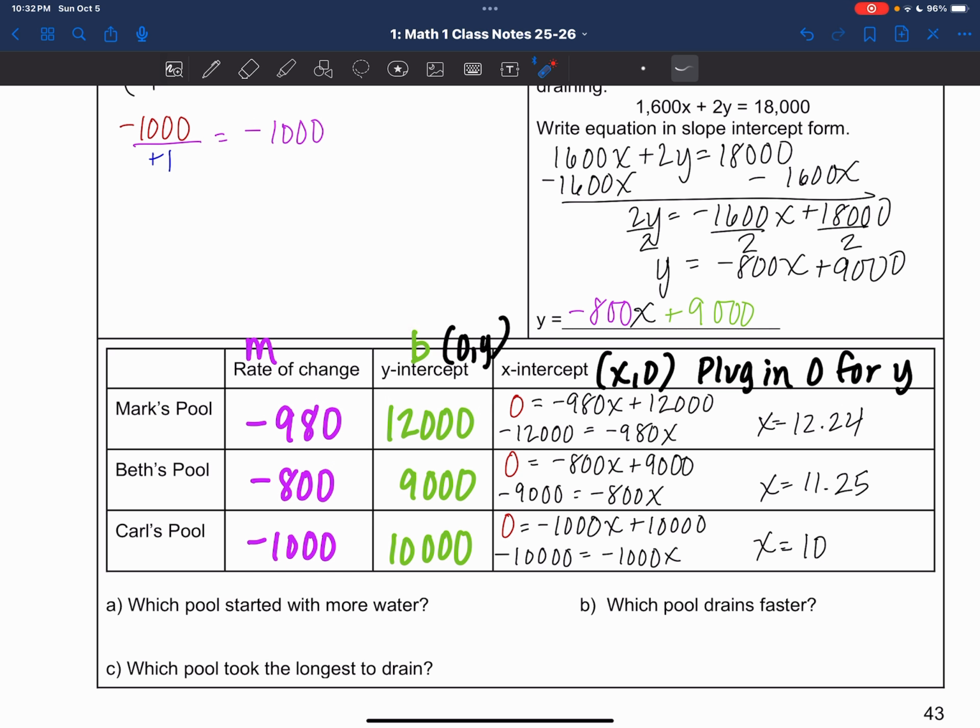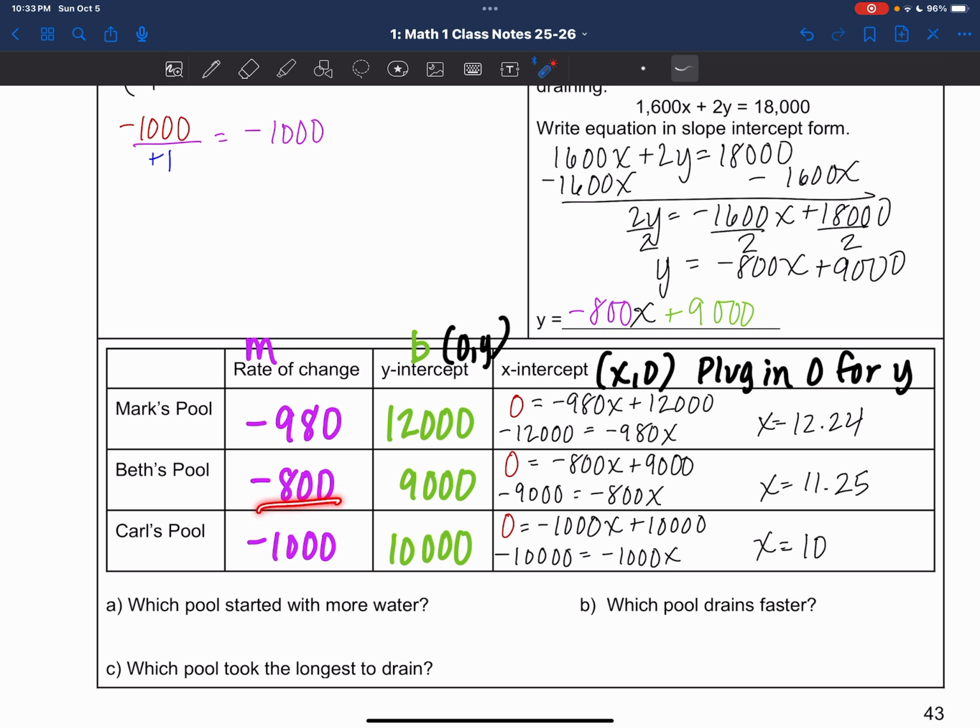And then the only other thing we said was do your x-intercept. So we said your x-intercept is when your y equals 0. So all I did was I took our equation, and I did 0 equals negative 980x plus 12,000. And you're going to move this over by subtracting, divide both sides by negative 980, and you're going to end up getting x equals 12.4.